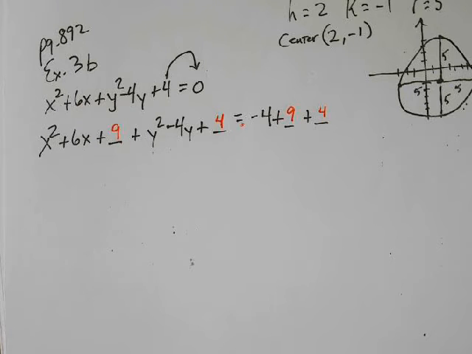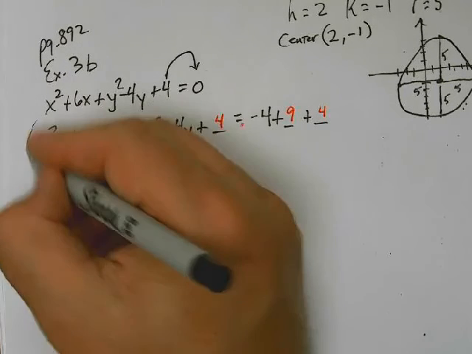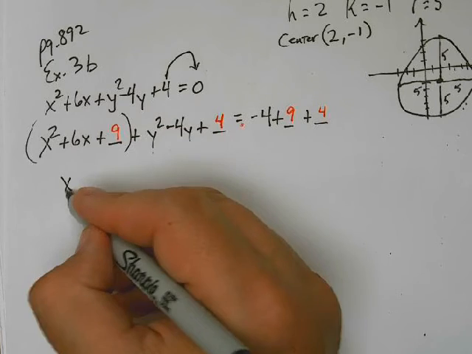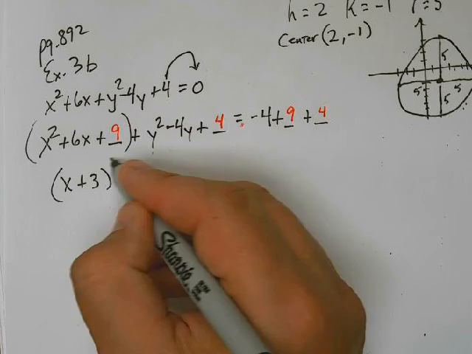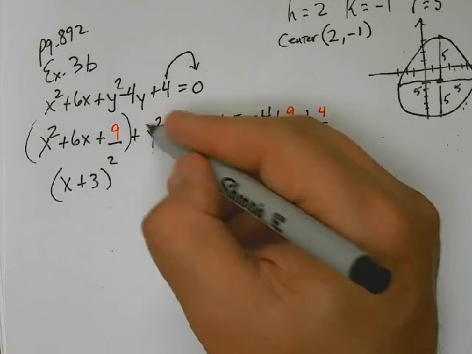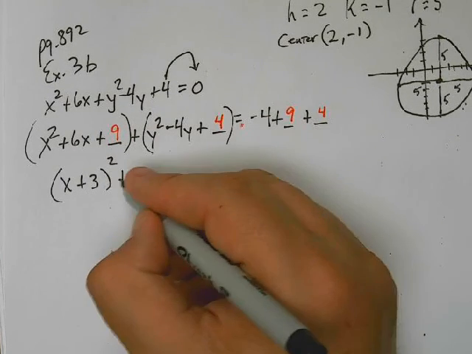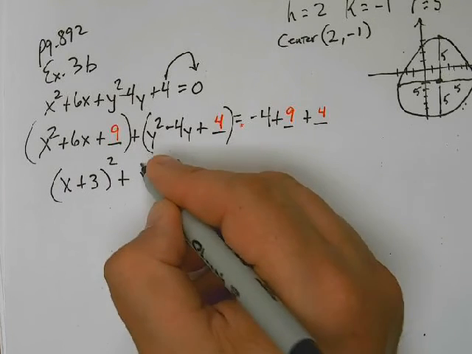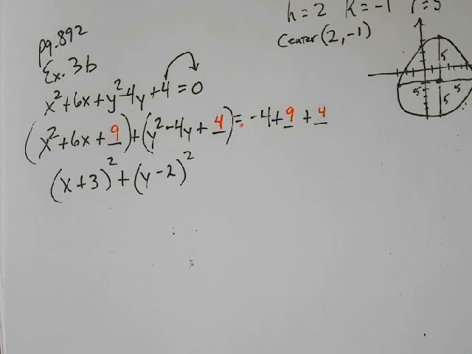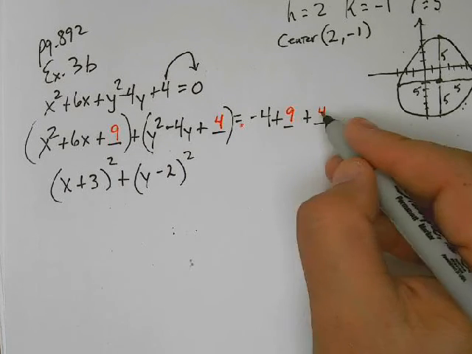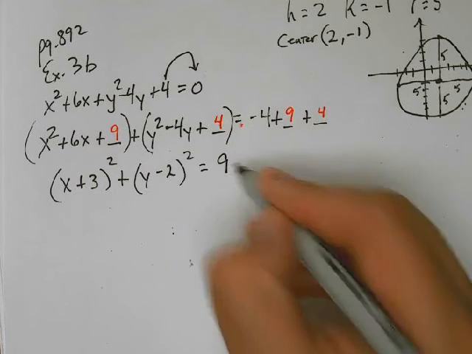Okay, now let's simplify. This is a perfect square trinomial. X plus 3 quantity squared. This is a perfect square trinomial. Y minus 2 quantity squared. -4 plus 9 plus 4 is 9.